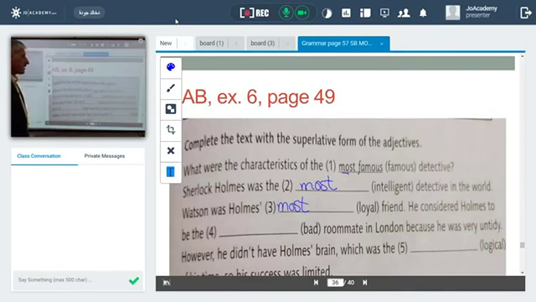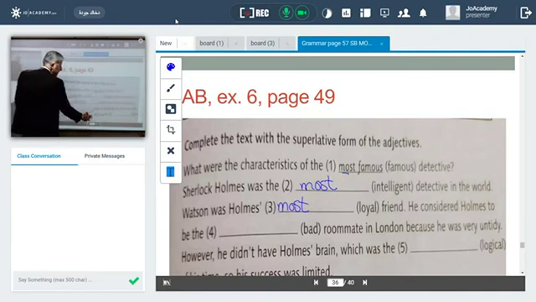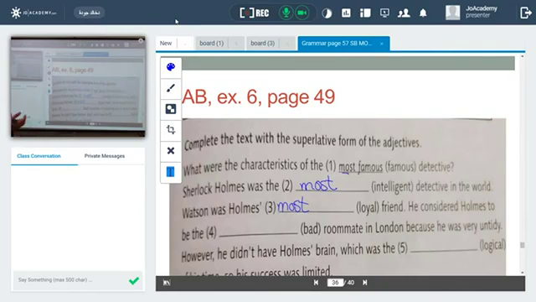He considered Holmes to be the bad roommate in London because he was very untidy. Bad, you remember, is irregular, so it becomes the worst.